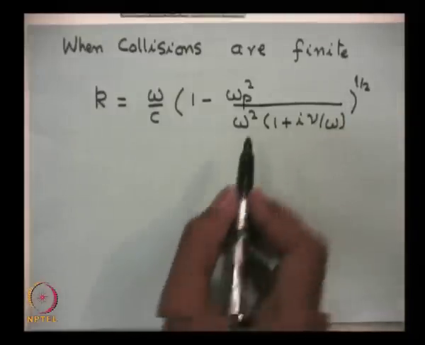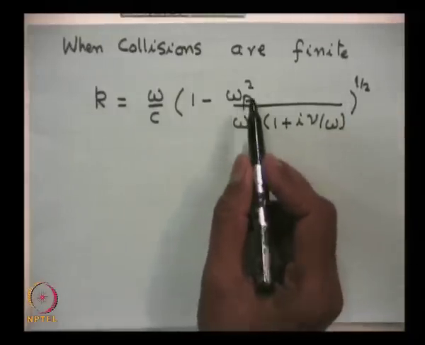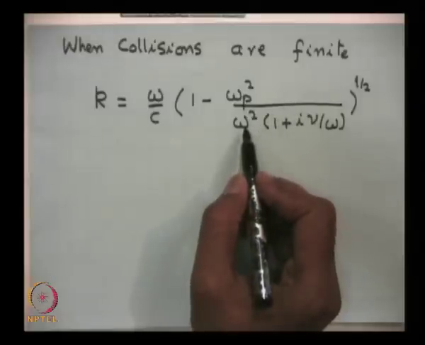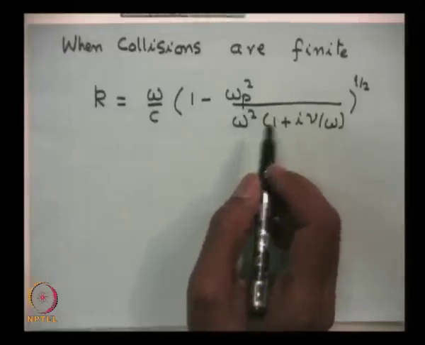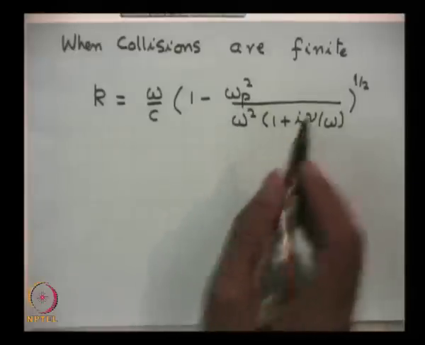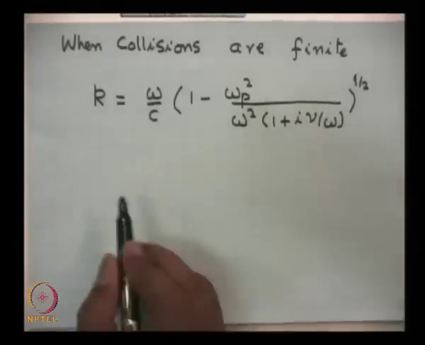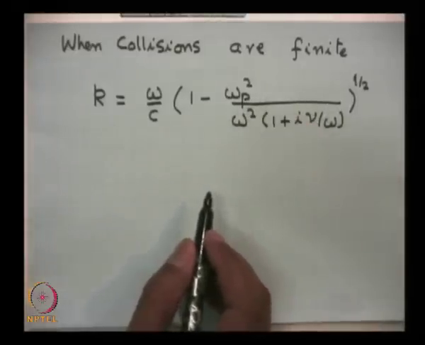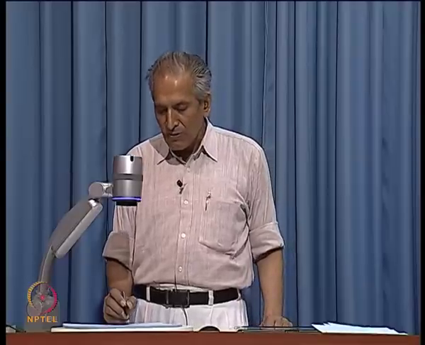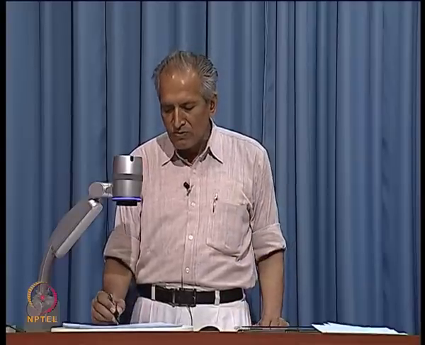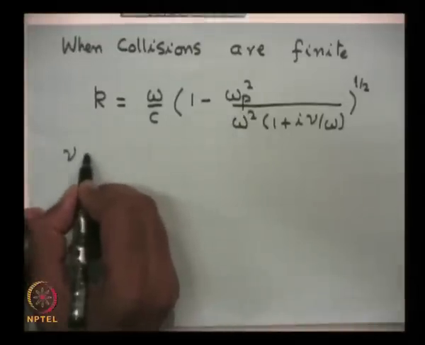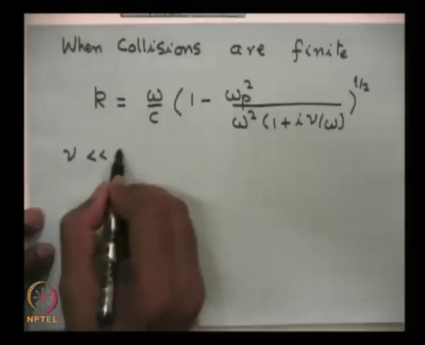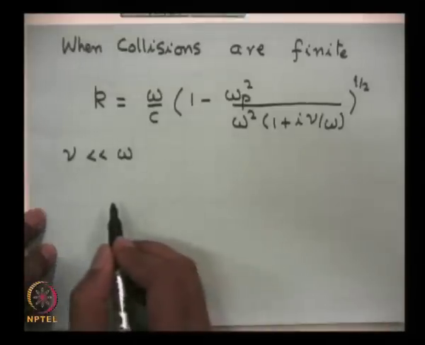For propagation of waves of frequency omega, in a plasma, nu is always less than omega p, indeed much smaller than omega p in all plasmas. And we have learned that if you want the wave to travel in a plasma with very little attenuation, omega should be bigger than omega p. So, in the limit when nu is much less than omega, you can simplify this expression.